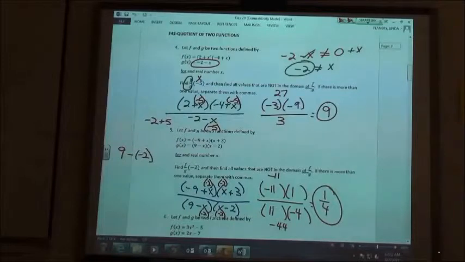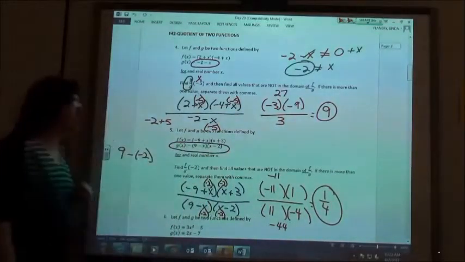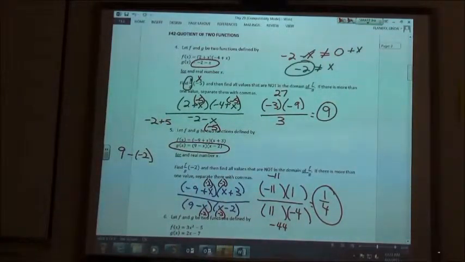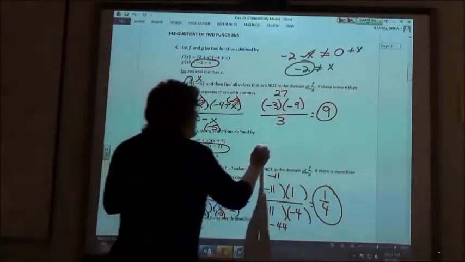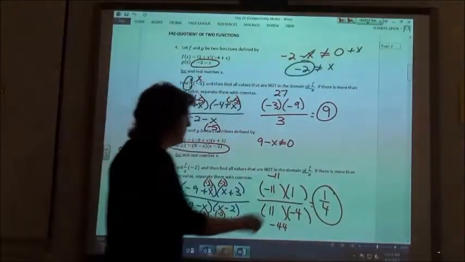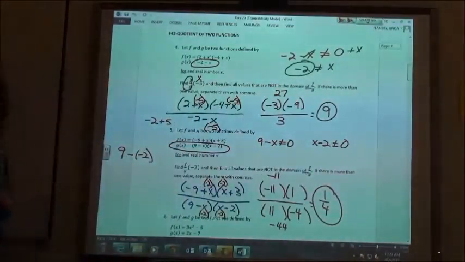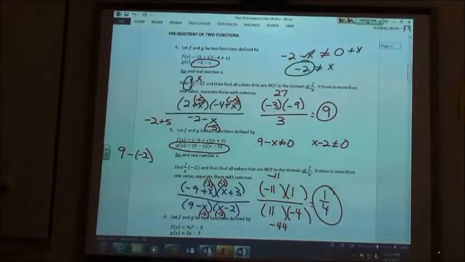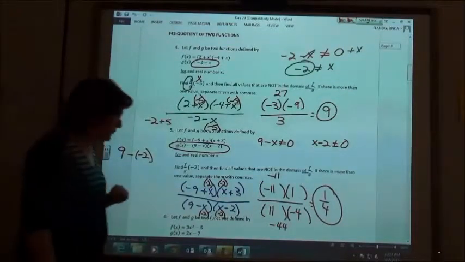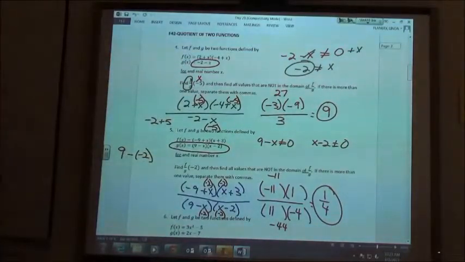Now this time when we look at what's in our denominator, the g of x, we've got 2 different things there, right? So we're going to have 2 problems to solve. Either 9 minus x cannot equal 0, or x minus 2 cannot equal 0. On the first one, what's the better thing to move?